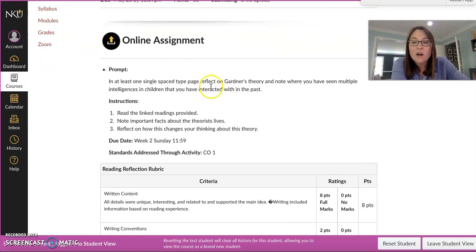Looking here, our online assignment: at least one single space typed page reflecting on Gardner's theory, and noting where you have seen multiple intelligences in children that you have interacted with in the past. So this is just one page, single space. Tell me what you learned about him. What do you agree with? What do you disagree with?